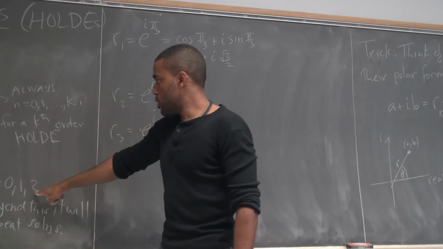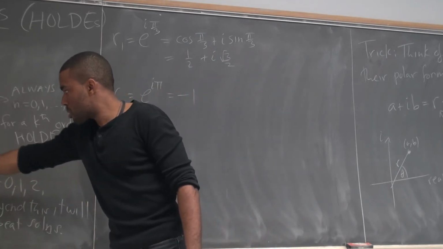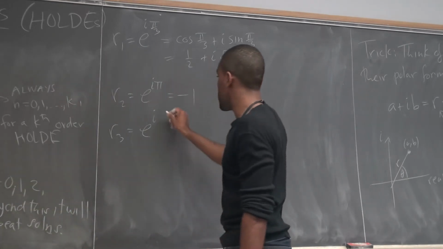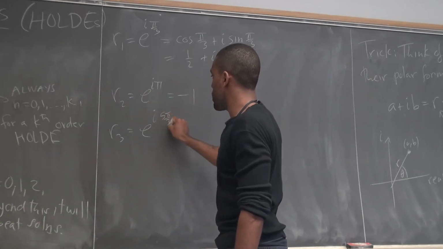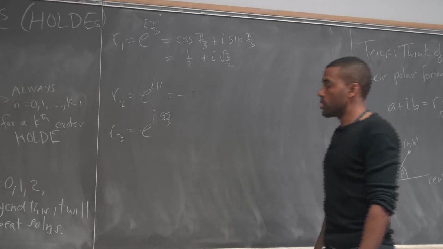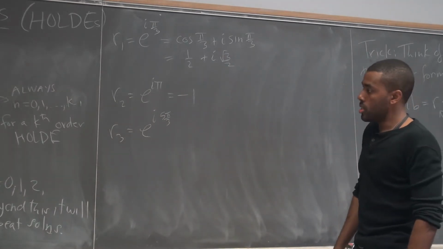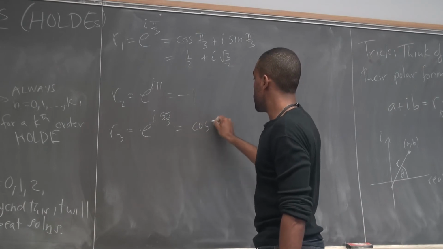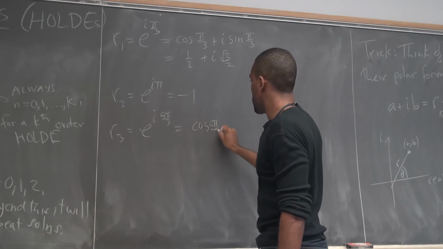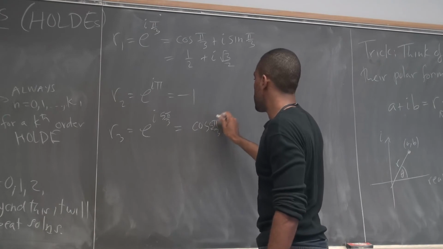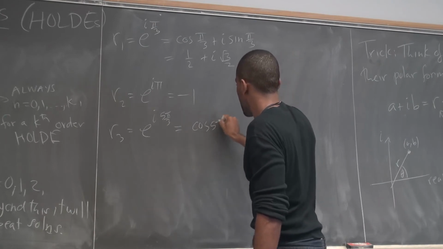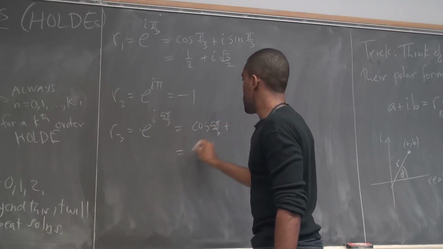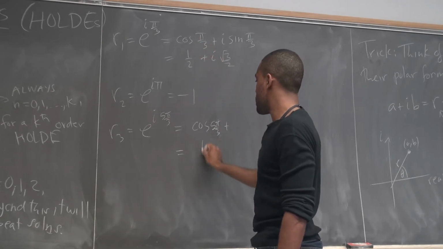If n equals 2, plug in 2 here, I get 4, plus this I get 5, so this is e to the i 5 pi over 3. Right? 5 pi over 3 is in the fourth quadrant, which means the cosine is positive. So this just gives you the same thing as cosine pi over 3, it's positive.